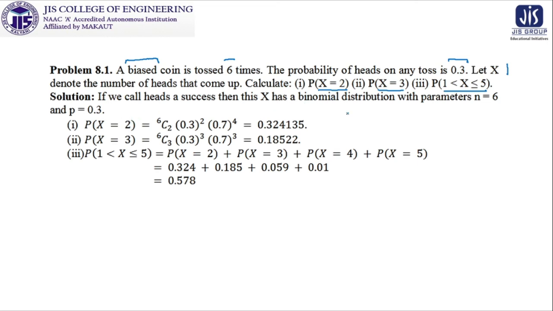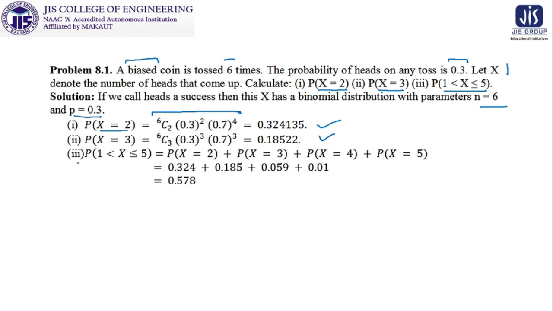So here n is known to us, p is known to us. We get P(X=2) according to the mass function: 6C2 times 0.3 to the power 2 and 0.7 to the power 4. So this is calculated. Similarly, we can calculate X=3.